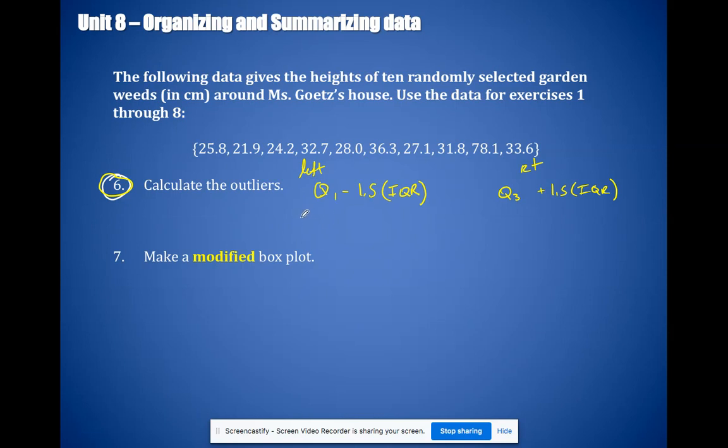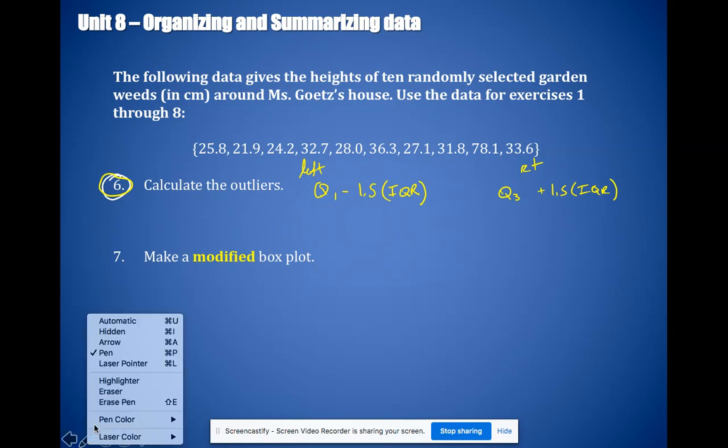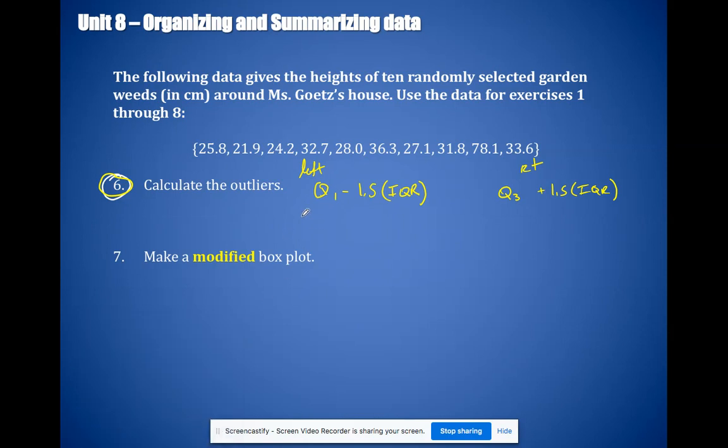So what is the boundary for my outliers of this data? I had Q1 was 25.8. I'm sorry, 25.8. I wrote 25, but I said 21. Minus 1.5 times my interquartile range, which was Q3 minus Q1.